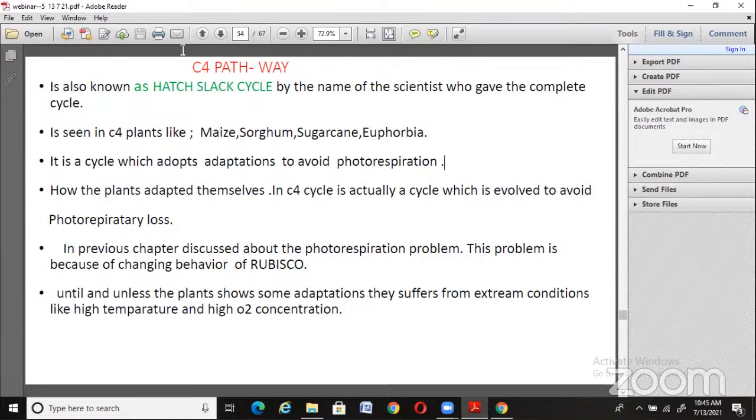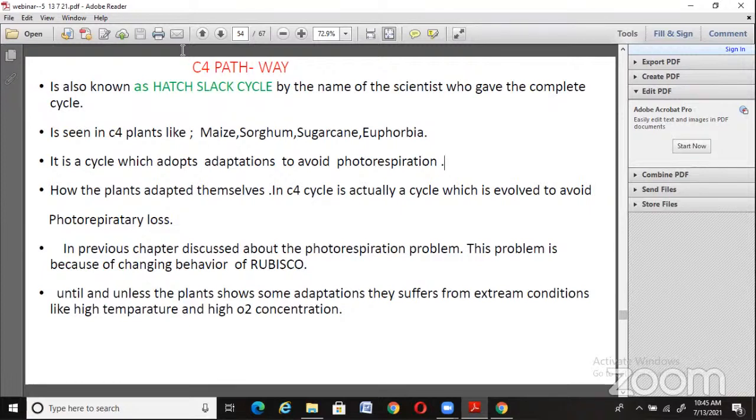According to those conditions, Rubisco originally acts as a carboxylase enzyme, but when the conditions are high oxygen concentration and high temperature, Rubisco acts as oxygenase instead of carboxylase, and that becomes a hurdle for normal plants.